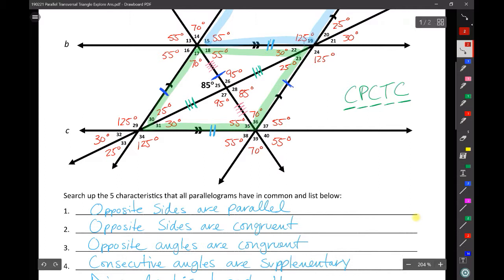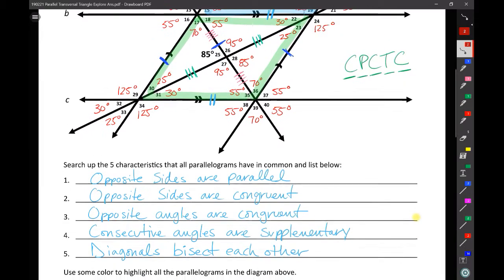Then we used those to prove these little triangles were congruent in here, and that gave us the pieces of the diagonals. You can see that the diagonals have been cut into 2 equal parts on each one, so the diagonals have bisected each other right in the middle. Okay, and so that sums up for us all 5 of these properties down here.